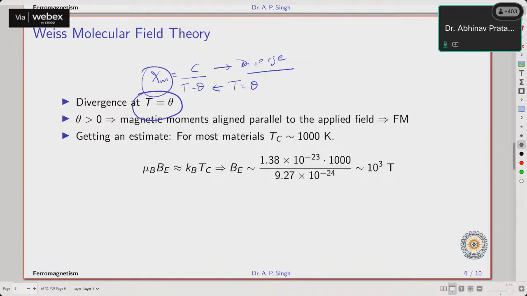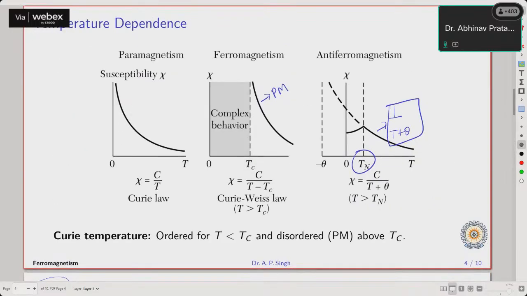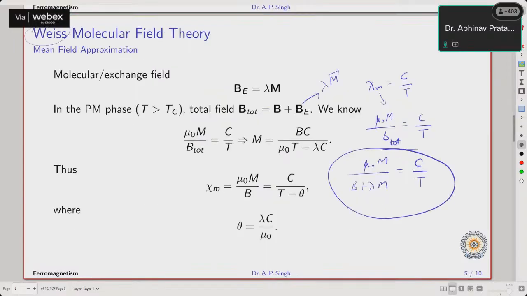All right, and therefore you will notice that in this case it was written as complex behavior. Obviously the susceptibility will not go to infinity, but it shows some complex behavior. And whatever we have derived here does not hold there, because remember, this holds only in the paramagnetic case when T is greater than Tc.